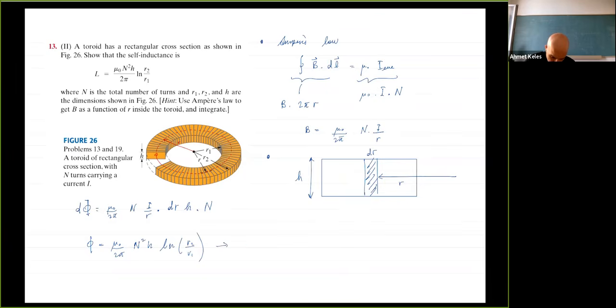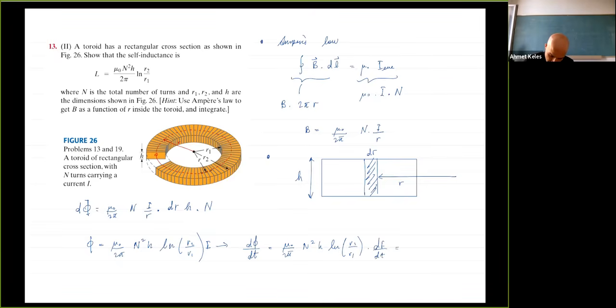And we do the same thing, d phi dt. Take the derivative. This is mu0 over 2 pi. Okay, there is an overall I forgot here. N squared h ln r2 over r1 times di dt.